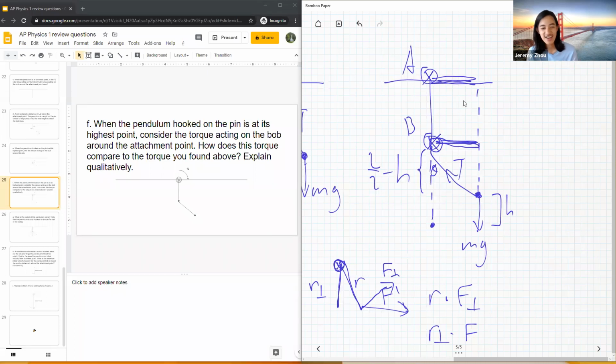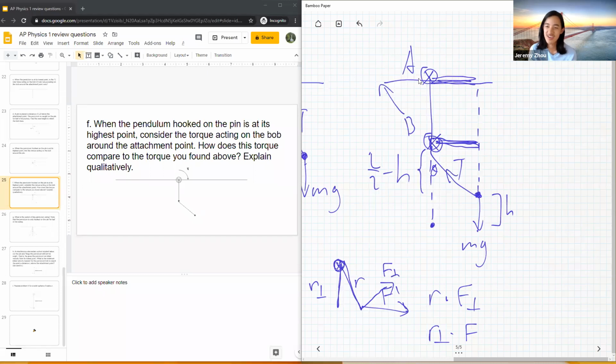So yeah, they're different. The reason is that before the tension was not important, but now the tension is important because it's not going through the center of torque. Exactly, the lever arm of the tension is non-zero. So the tension actually has a non-zero torque and it pushes the other way.